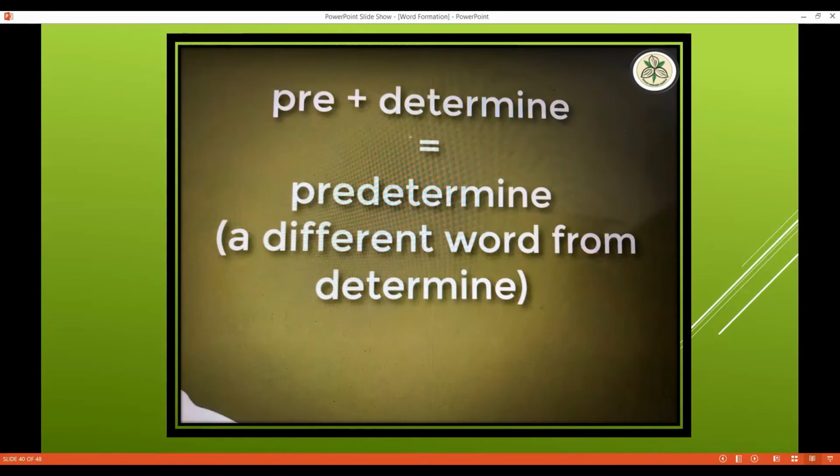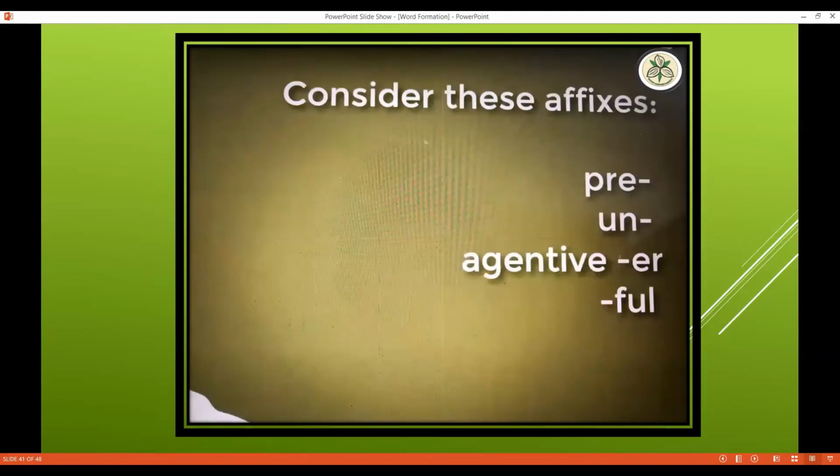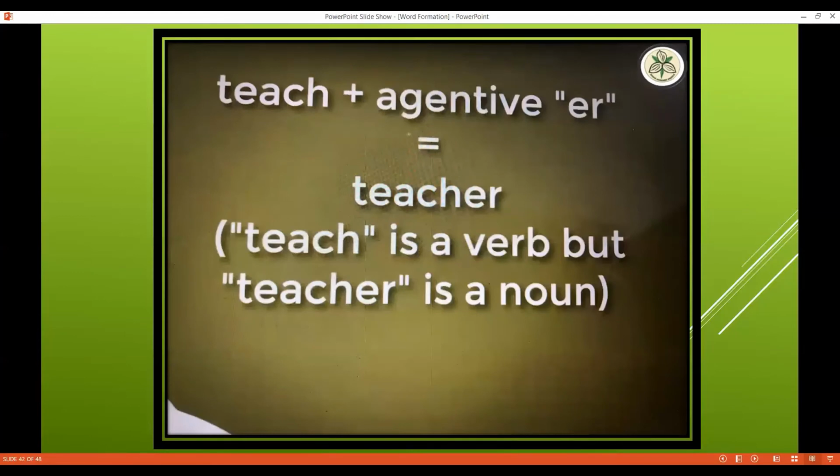Now also, if we take, for example, the adjunctive er suffix, that means we can make a noun from a verb. If we take the word teach, or the morpheme teach, and add er to the end of it, now we have teacher, which is a noun, a different lexical category, a different part of speech.